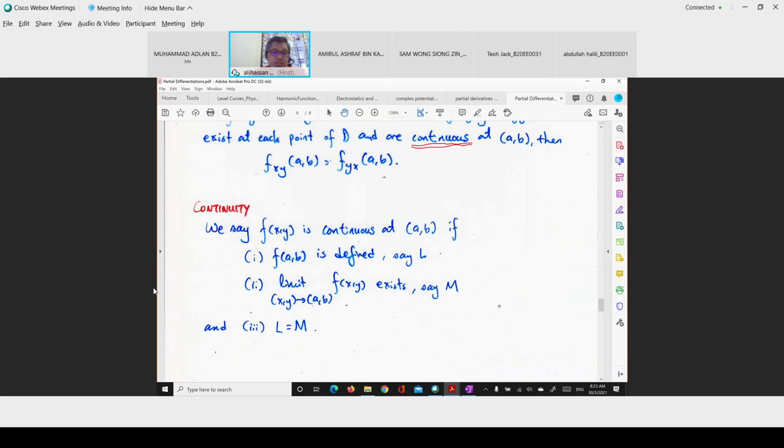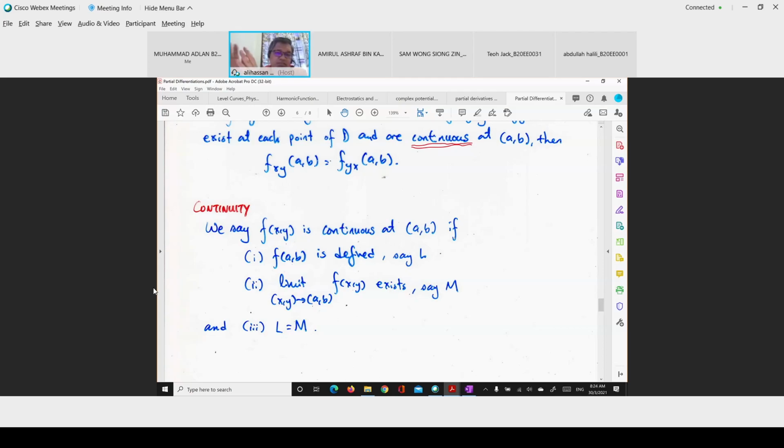In mathematics, continuity of f at the point (a, b) means f at the point (a, b) is defined, say it is equal to L, and the limit of f as (x, y) approaches (a, b) exists, say it is equal to M. If L is equal to M, then we can conclude that f is continuous.